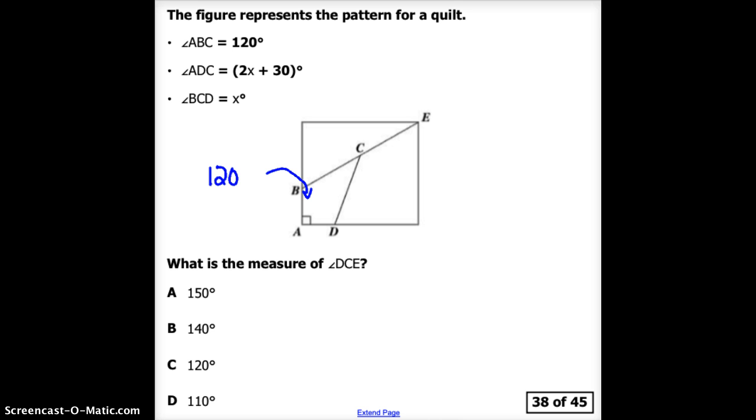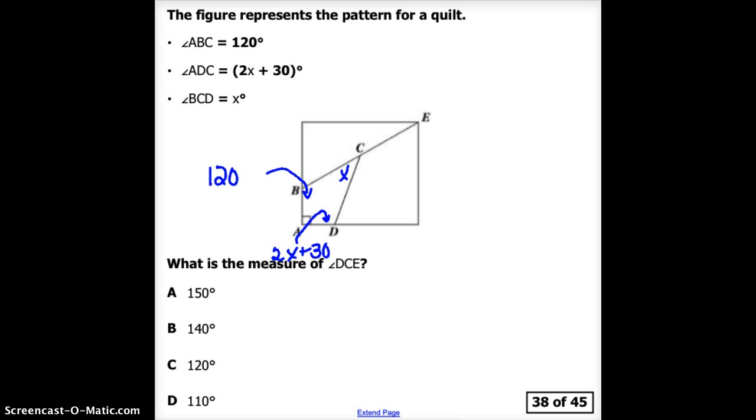And they also tell me that ADC is 2x plus 30, and they tell me BCD is x. So I know that that's a quadrilateral.